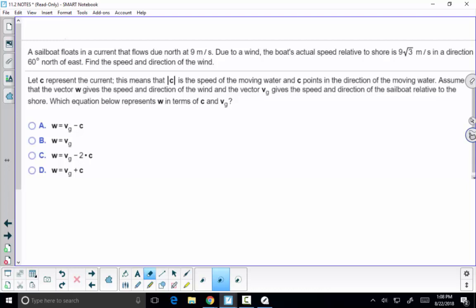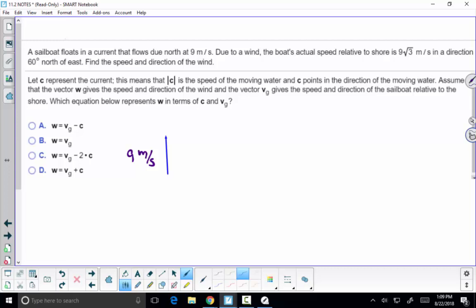A sailboat floats in a current that flows due north at 9 meters per second. So we're going to go due north 9 meters per second. Let's draw a vector to represent that. So 9 meters per second. Due to wind, the boat's actual speed, so that's kind of what we would call the course, is 9√3 in a direction 60 degrees north of east.